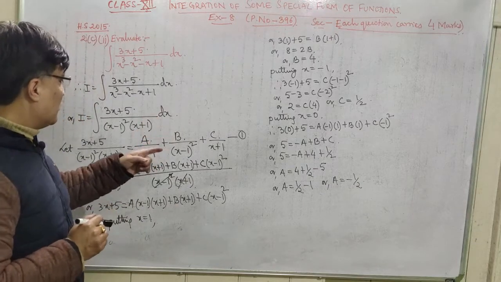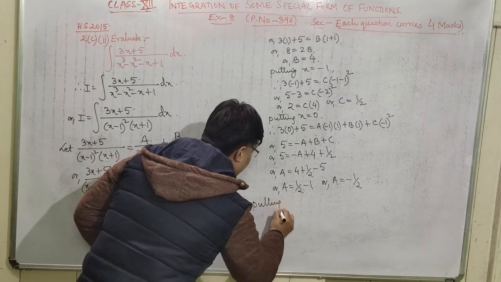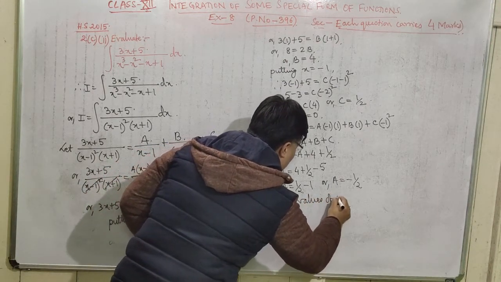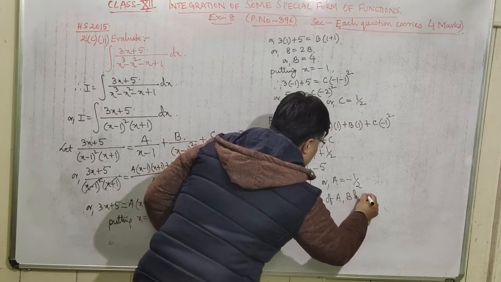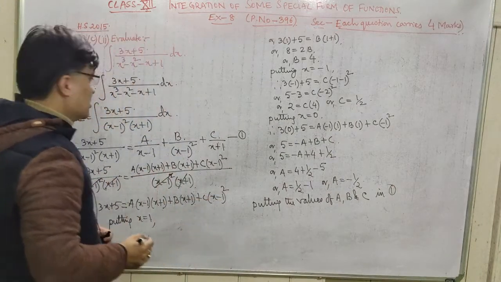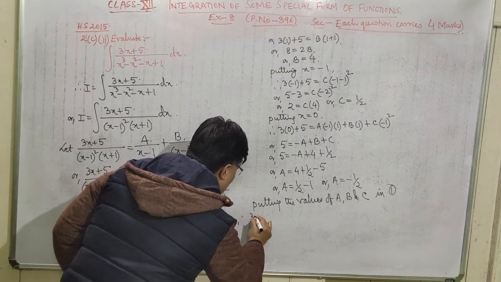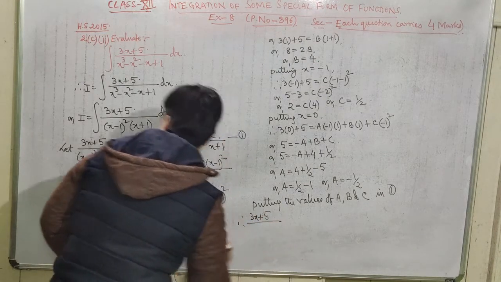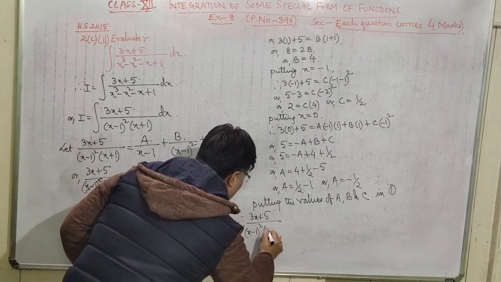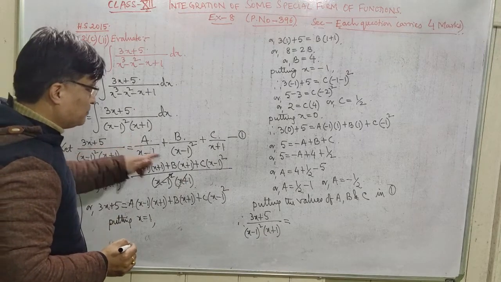So let us put these values of a, b and c in 1. So now number 1 is 3x plus 5 divided by x minus 1 whole square into x plus 1, which is equal to, what is capital A?